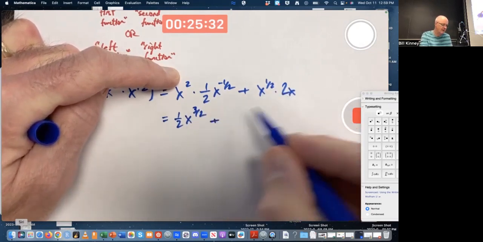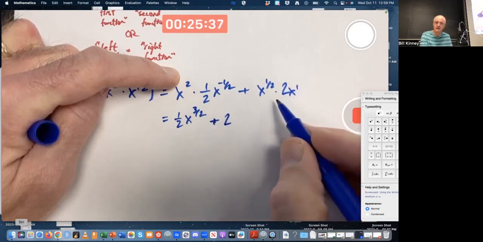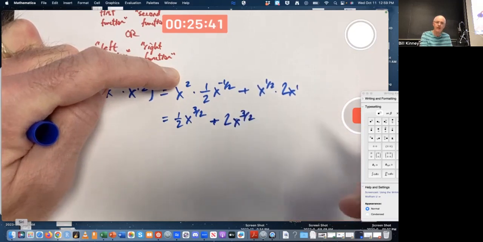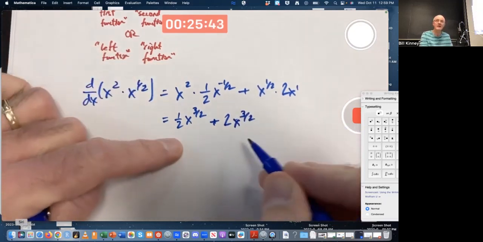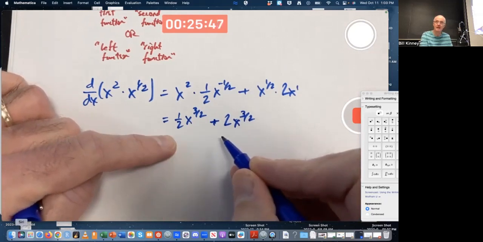And here we add the exponents again, we get 2 times x to the 3/2 again. 1 plus 1/2 is 3/2. These are like terms. You can combine them by just adding the coefficients, 2 plus 1/2, 5/2.